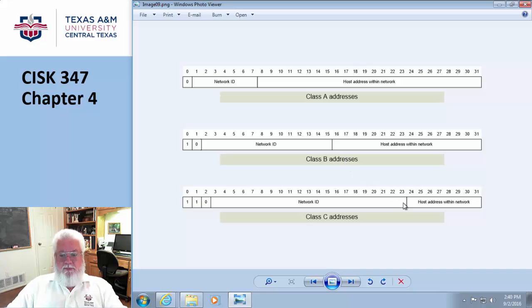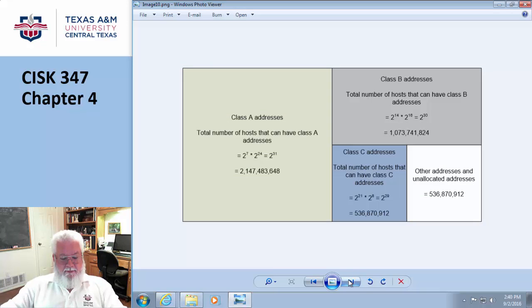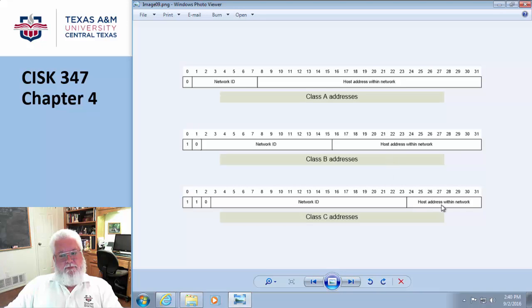Okay, which brings us to the next topic called classless interdomain routing. So a medium-sized company who was too big for this, yet too small for that, what I needed was to move this little divider.